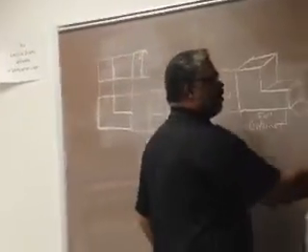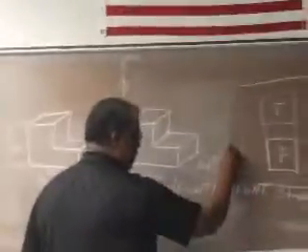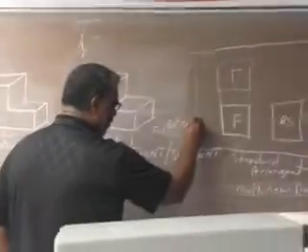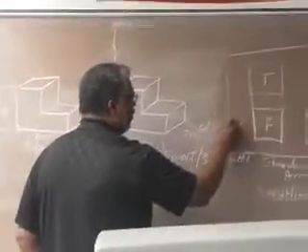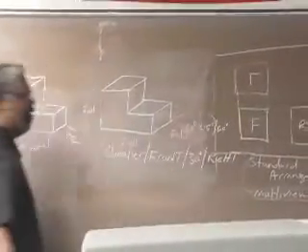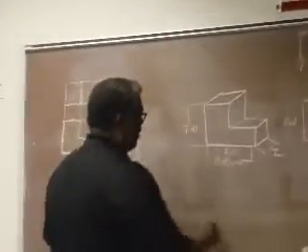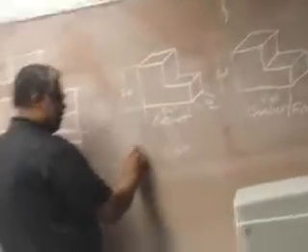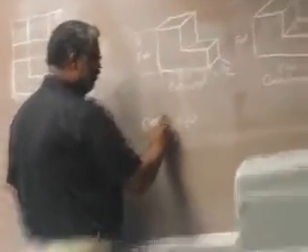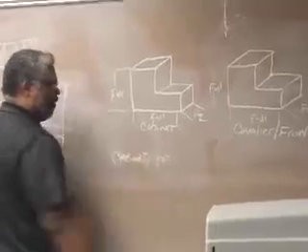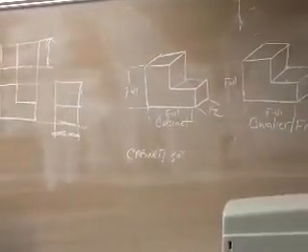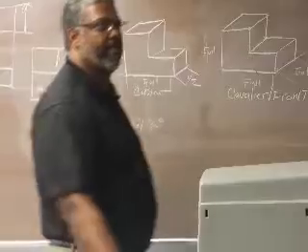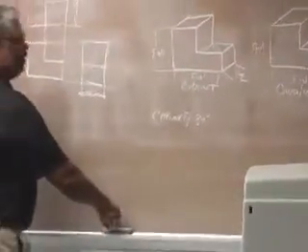The angle could be 30, 45, or 60. I generally have you do 30 to 45-degree angles. So the title could be cabinet, 30 degrees, or cavalier, 45, whatever we decide on.